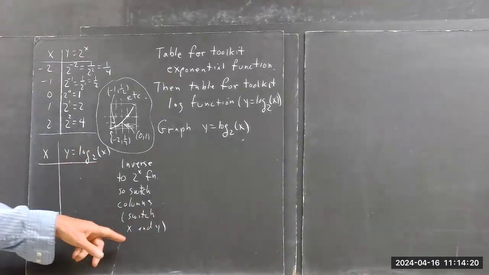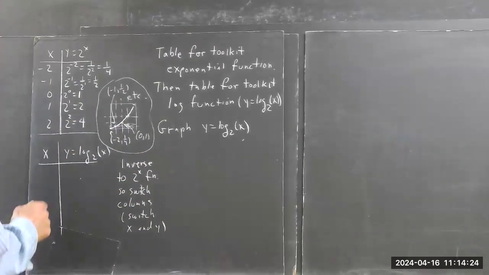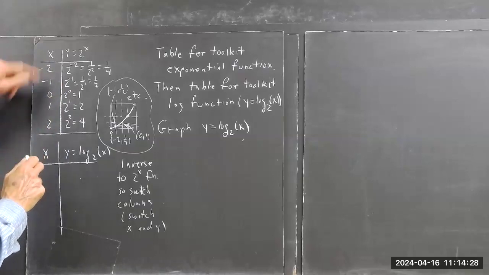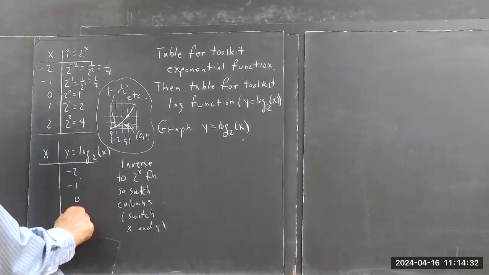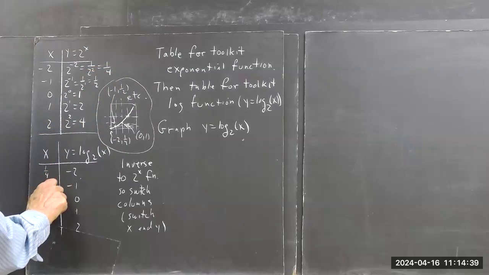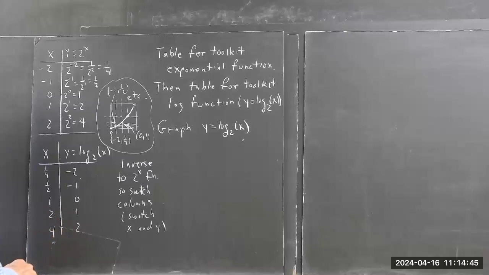If we're doing it algebraically, we take the function and switch x and y. So the x column here is -2 through 2, and the y column is going to be -2 through 2. The x column of the inverse has 1/4, 1/2, 1, 2, and 4.